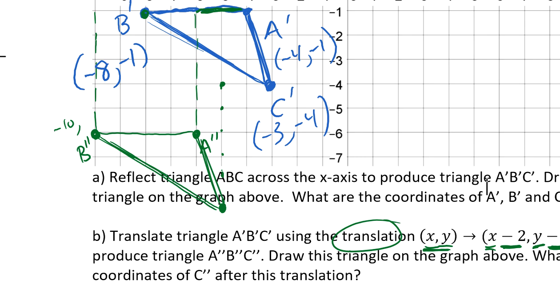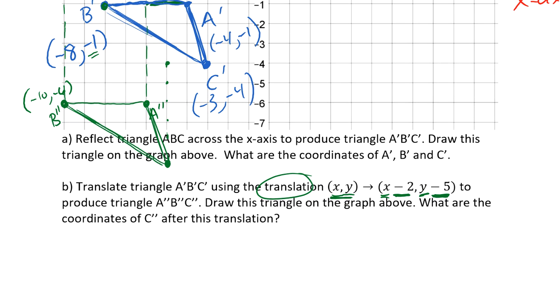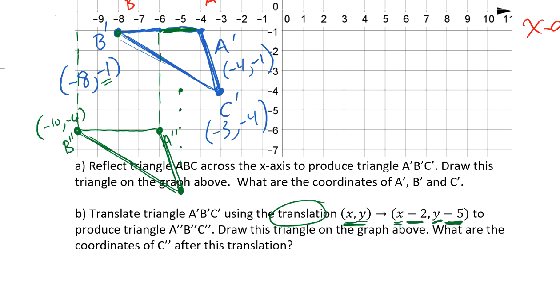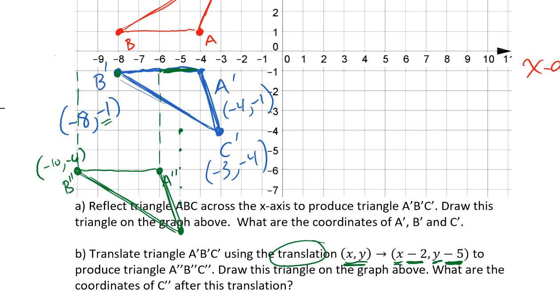My y value was at negative 1, and I decreased that by 5, and you can see now my y value here is at negative 6. So that's how this translation works. I apologize that I gave you one where I pushed it off the graph. But this is where they should go.